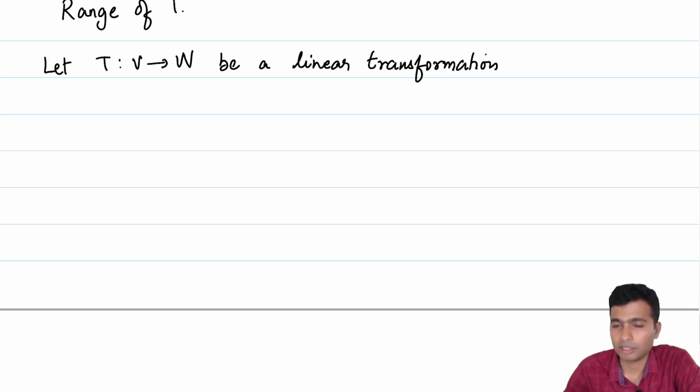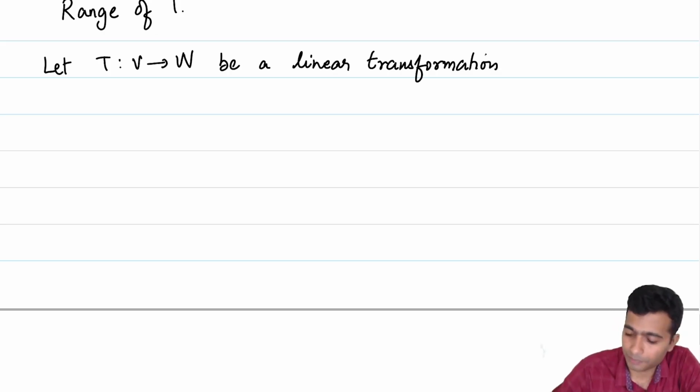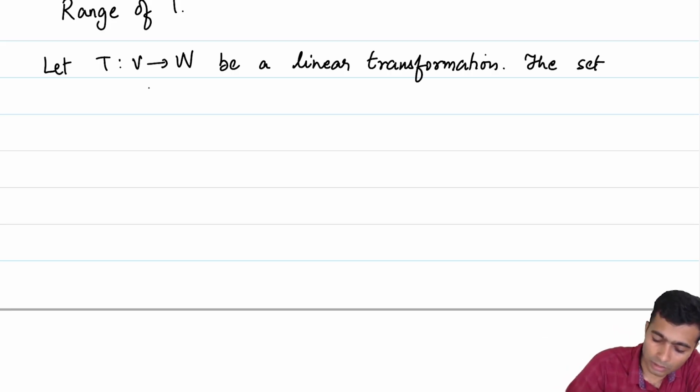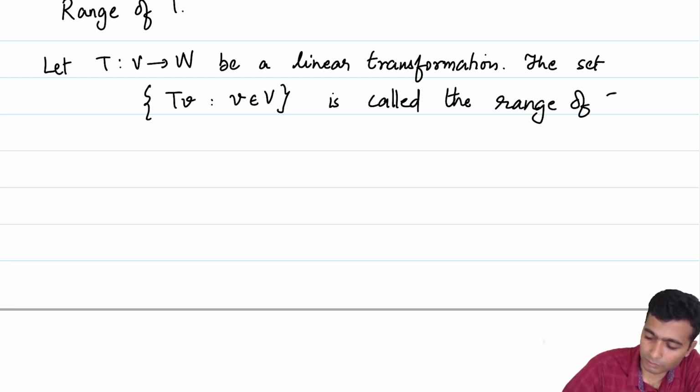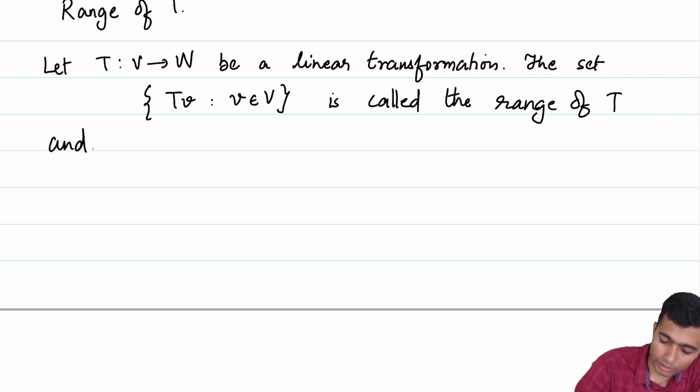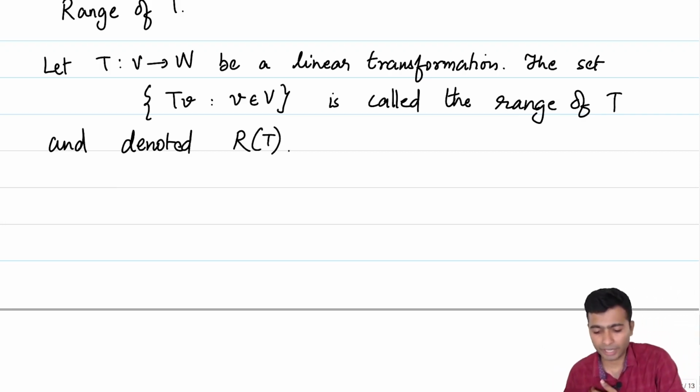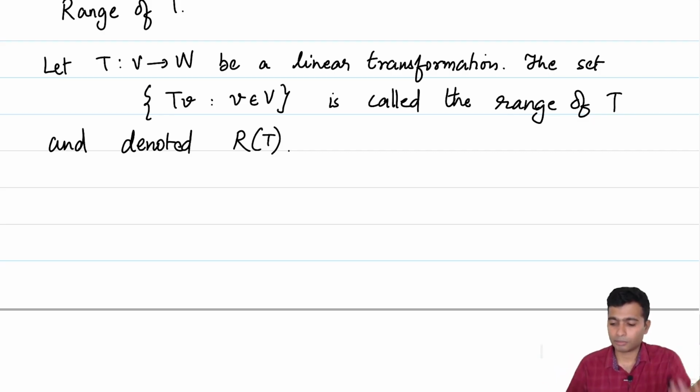It is going to be the set theoretic range of T. Then the set T(v), where v belongs to V, is called the range of T, and denoted R(T).